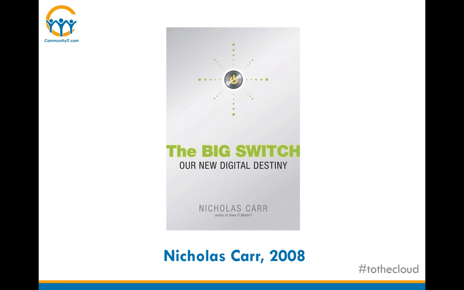And as the ability to access that computing power grows, the way that organizations do computing is going to transform as well. Instead of doing it on their own in their office with their own little server slash power generator, they'll be moving to more of a utility grid model. So that was the analogy that Nicholas Carr drew in 2008, and I think it remains relevant to this day.